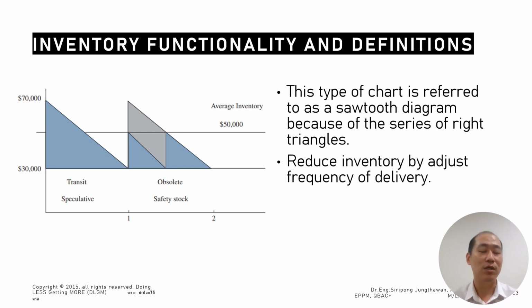So you can reduce the inventory from average inventory to be a few, might be 25,000. So the trick is to understand the sawtooth diagram, and also you reduce the buffer because you reduce the safety stock.